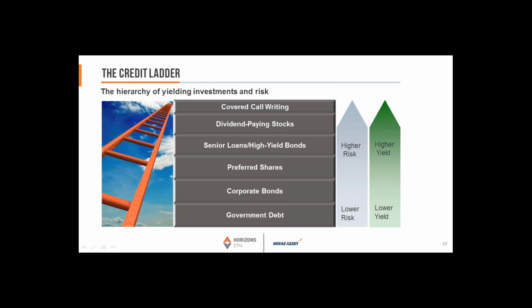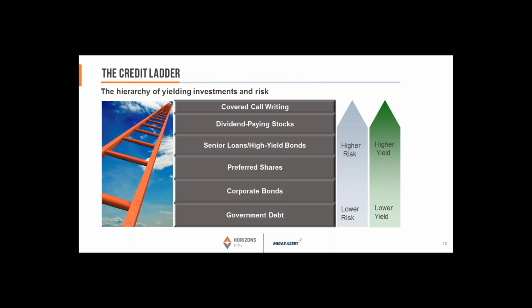Most of the risk that's built into the yield that fixed income securities pay is built into the underlying risk of that asset class. So you're being compensated to take on more risk with the yield. Generally speaking, when we're looking at a credit ladder, we're talking about something called credit risk.